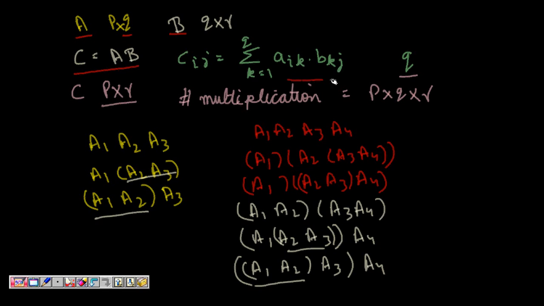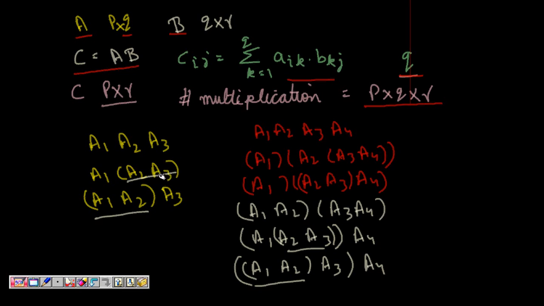So we see here that we need Q multiplications, and in C there are P into R elements and each element requires Q multiplications. So the total number of multiplications in multiplying two matrices is P into Q into R.